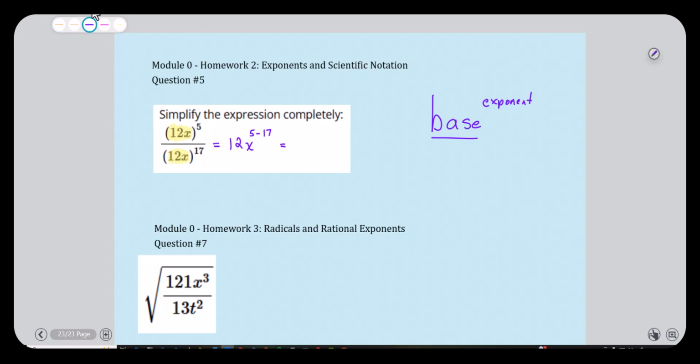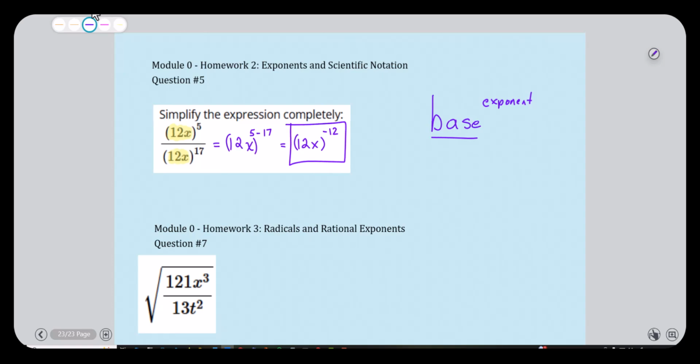So I would have 12x, and I can put that in parentheses, doesn't really matter, but I can do that. And then 5 minus 17, and I get negative 12. And that is my final answer.